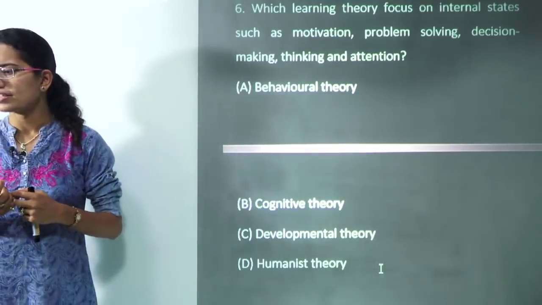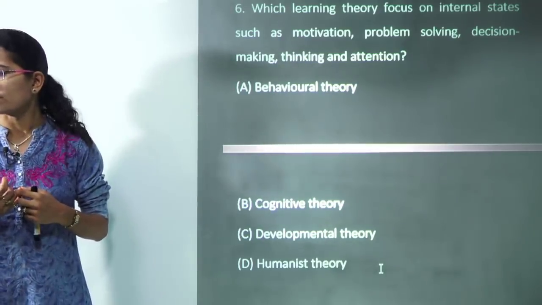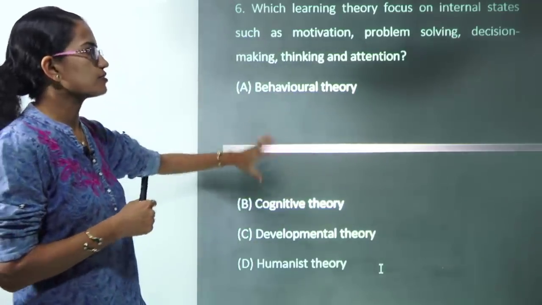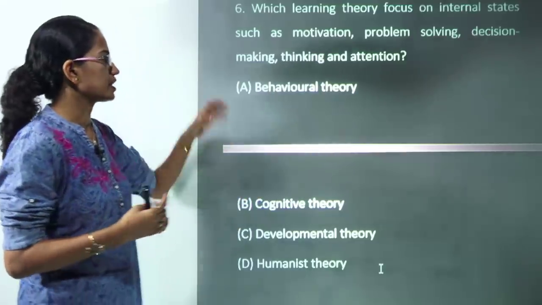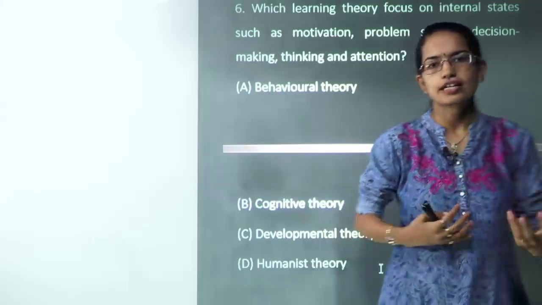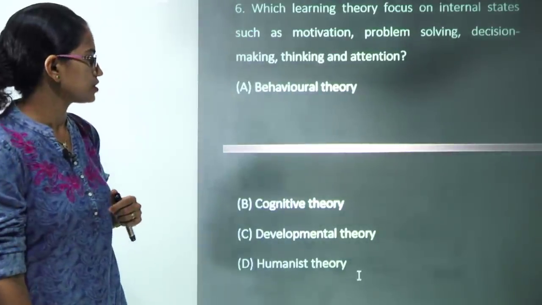Great, Vincent, not Padma. Okay, so you have cognitive theory as the correct answer, because we are talking about understanding, solving the problem and decision making. So all those talk about cognition. Cognition is basically understanding of a phenomena. So you have cognitive theory as the correct answer for this question.